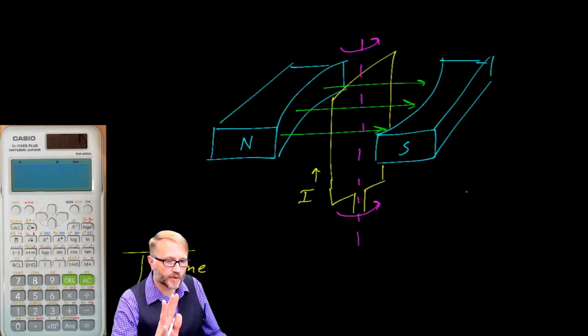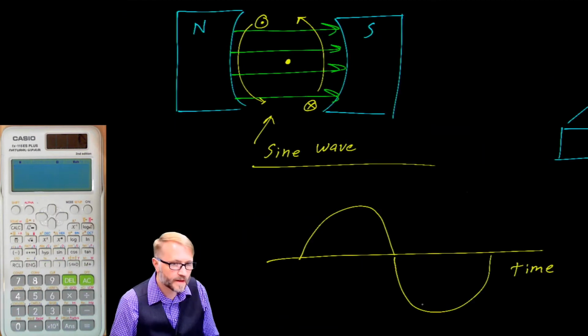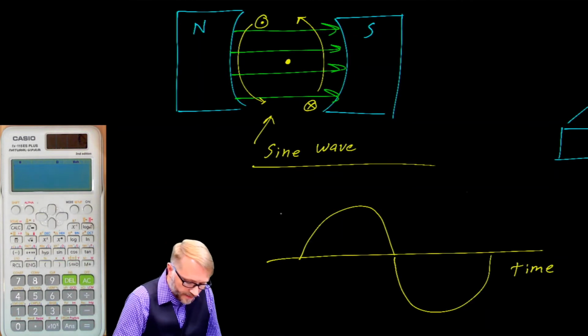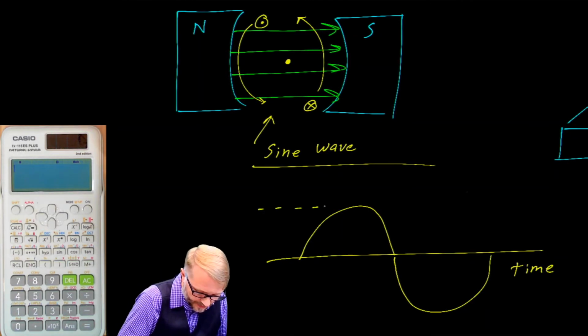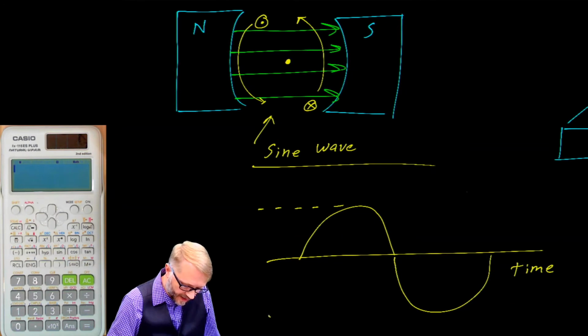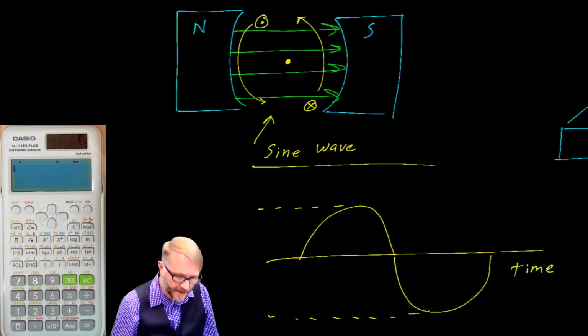As the loop rotates within the magnetic field, a voltage is induced on the wire, which causes a current to flow. The amplitude at any moment in time, for example, the peak amplitude is there and the negative peak amplitude is there.